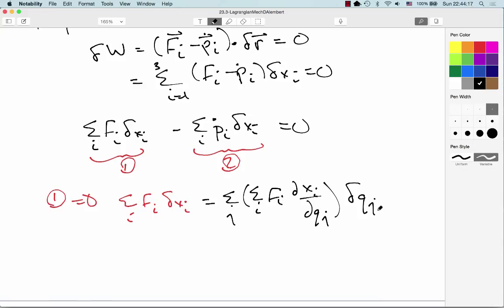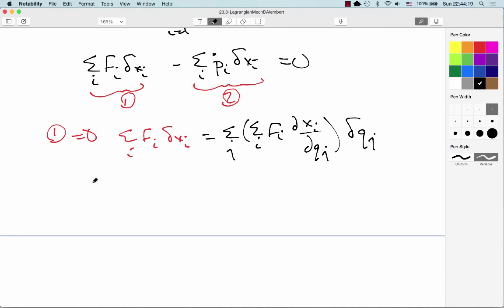We will define, and eventually we can show that the definition is equivalent, a generalized force.